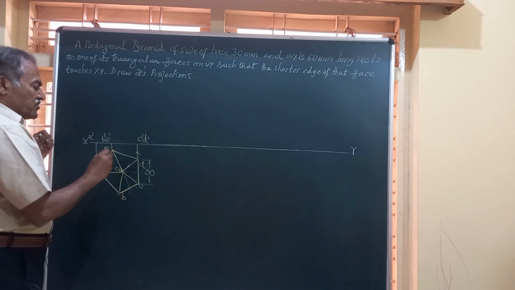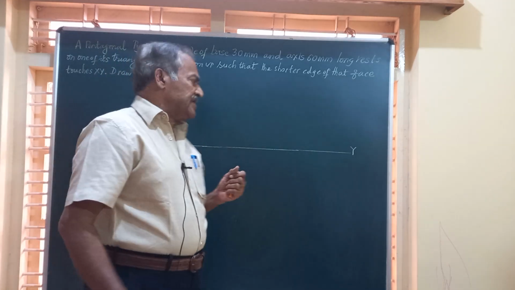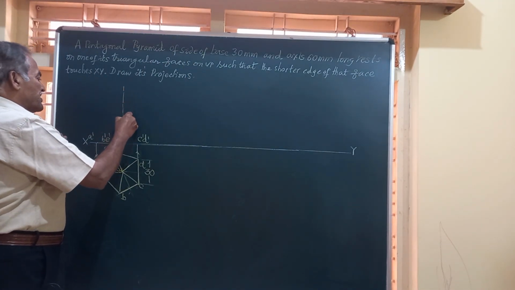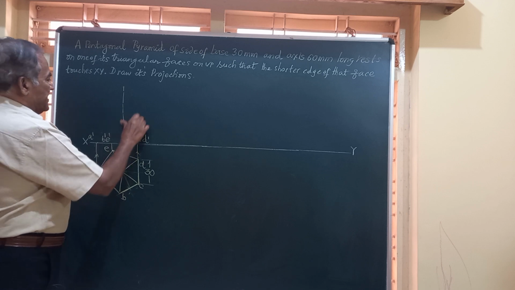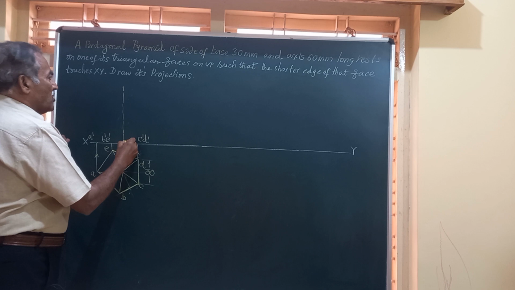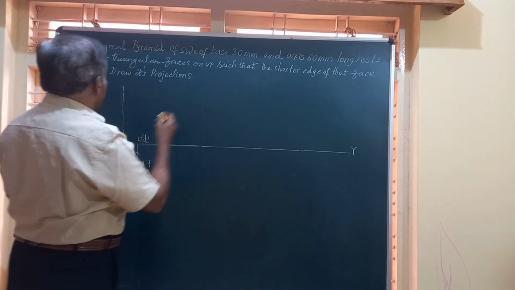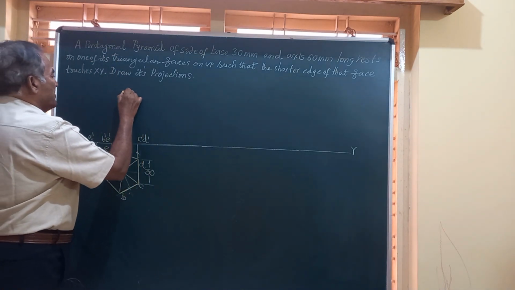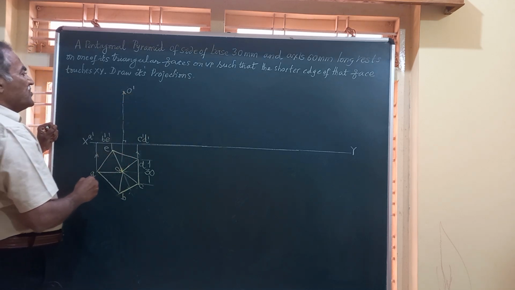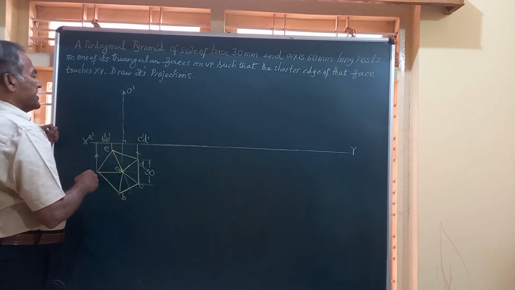Now friends, we have the center of the base. From there you can draw a vertical line representing the axis of the solid, and on this we will take a height of 60 mm. The height of the solid is 60 mm. So I will call this O dash, the front view of the vertex.